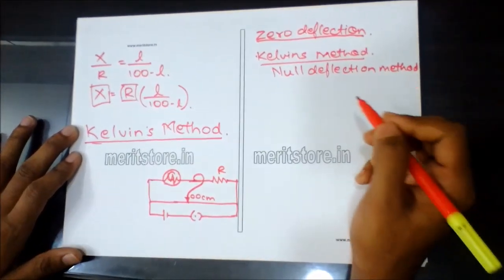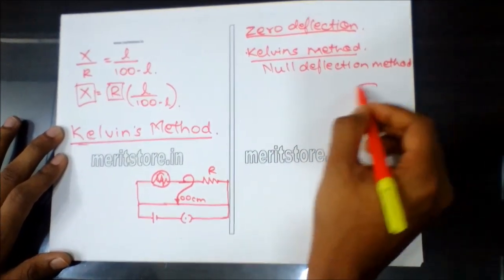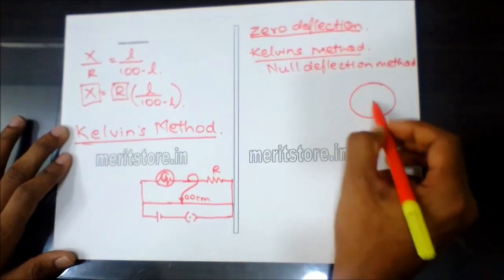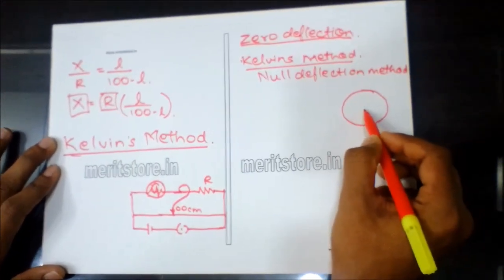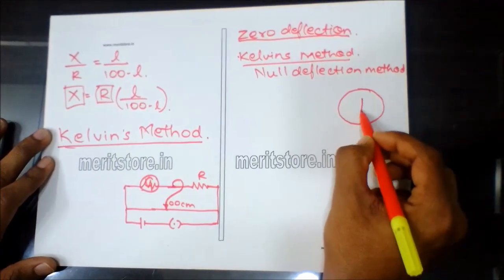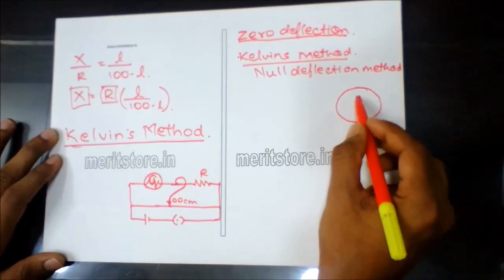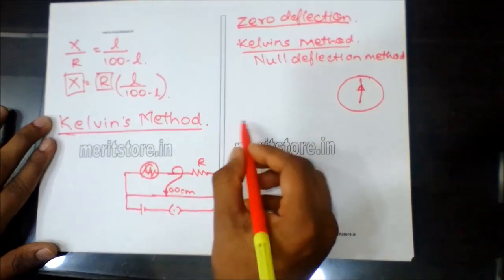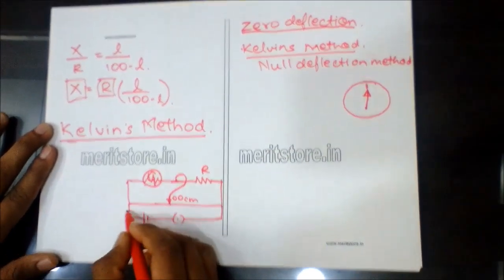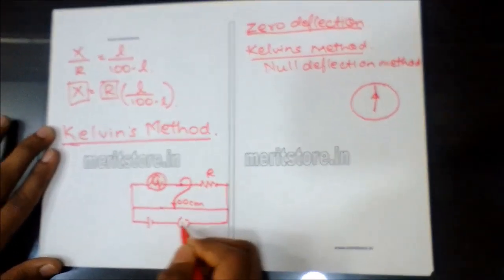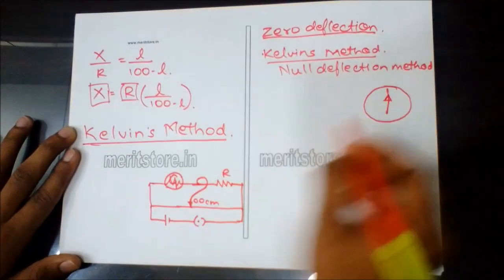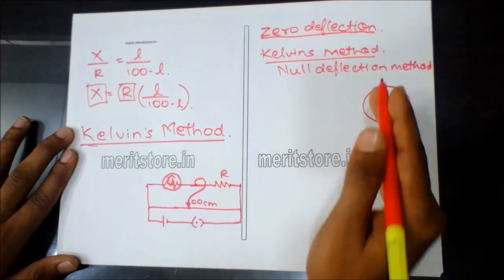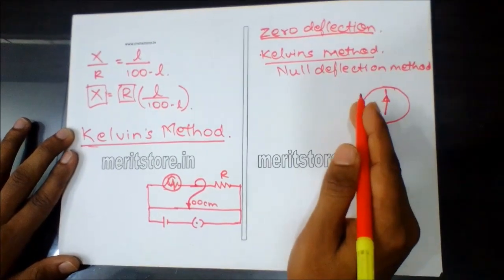In the null deflection method, when you look at the galvanometer reading, we try to achieve a specific value initially. When the circuit is closed and current flows, the galvanometer will show a certain reading, and we take that as a reference.